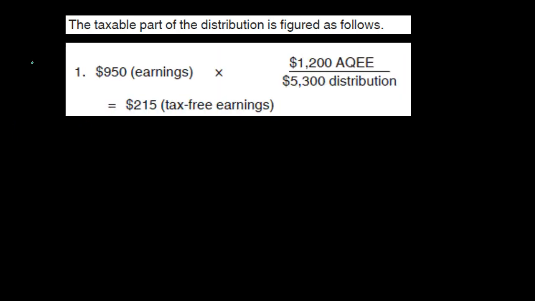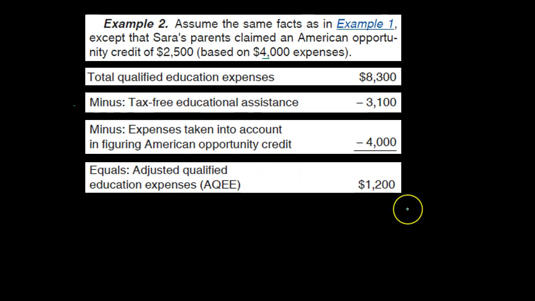So the taxable part of the distribution is figured as follows. We say that this 950 was in earnings that was distributed from the QTP plan. The amount of distributions from the QTP plan was greater than this 1,200, so now we had to figure the tax on it, because the distribution was greater than the 1,200, which is the adjusted qualified education expenses.